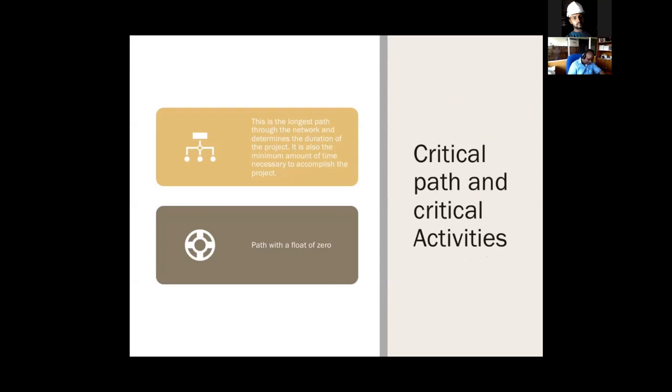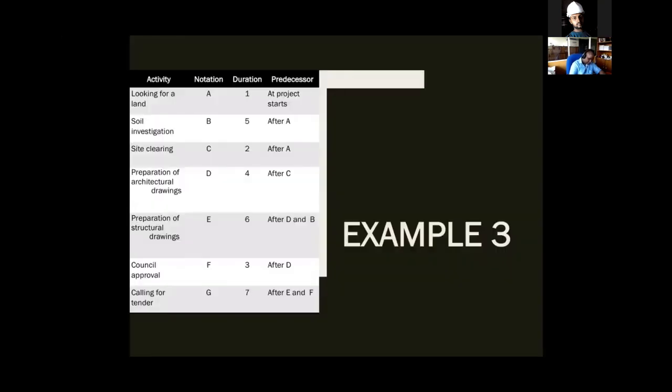Keeping that in mind, can you work out this example 3? With the previous knowledge, try to work out this path. I'll divide you into groups again, and I'll give you a little more time this time.